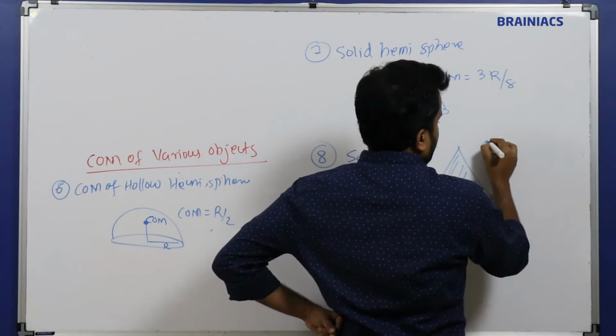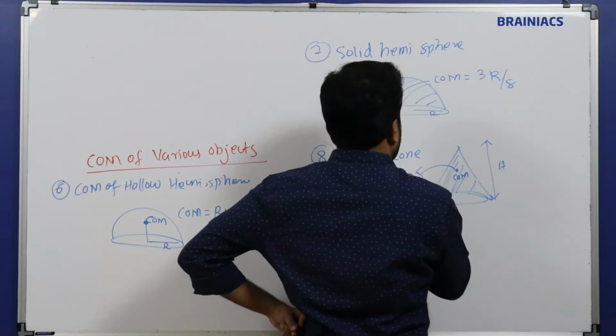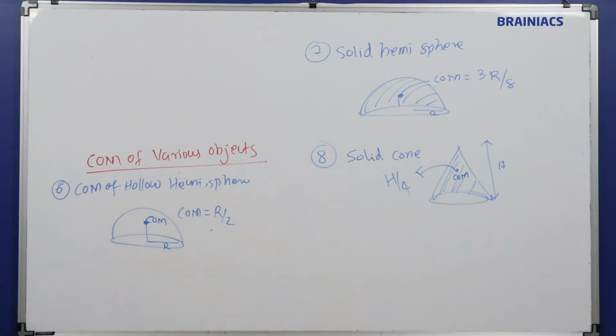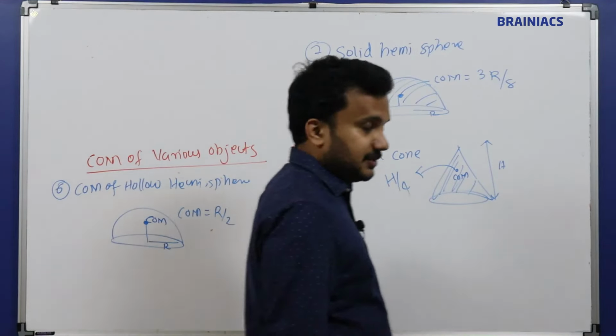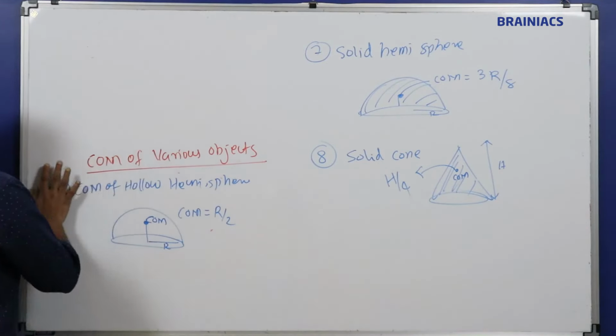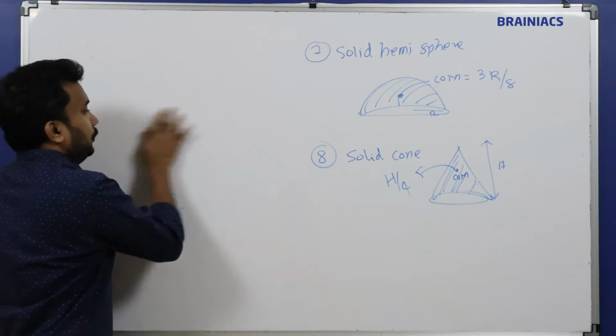The height is h, and the center of mass is located over here, and this is equal to h/4 from the bottom, measured along the height. Hope you understand these concepts very clearly so far from the center of mass area. Okay, good.